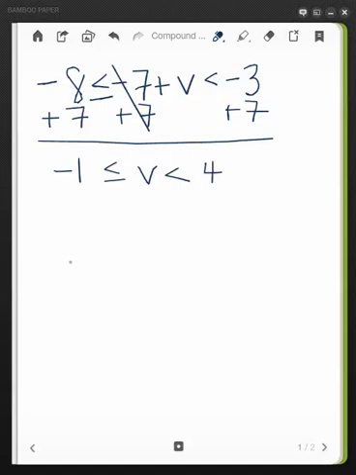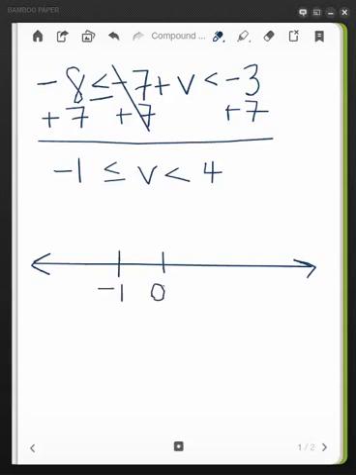Now our example also asked us to graph, so we're going to have our number line. 0 will be here, negative 1, 1, 2, 3, 4. We're going to have a filled in circle over here because it's less than or equal to, so a filled in circle at negative 1.